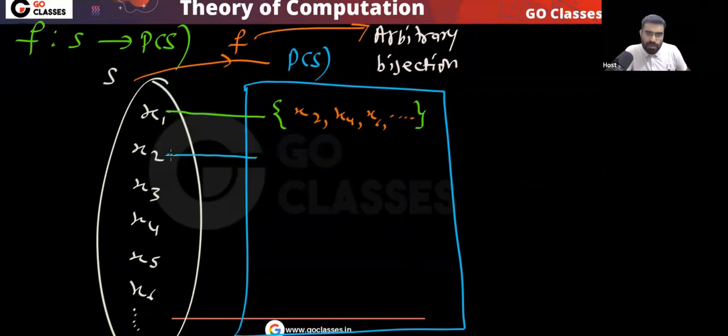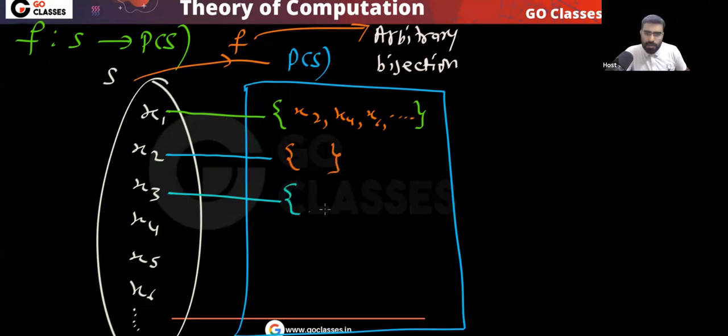X2 will also map to someone. Some random bijection I'm giving. Let's assume it is mapping to phi. Is this phi a subset of S? Yes.